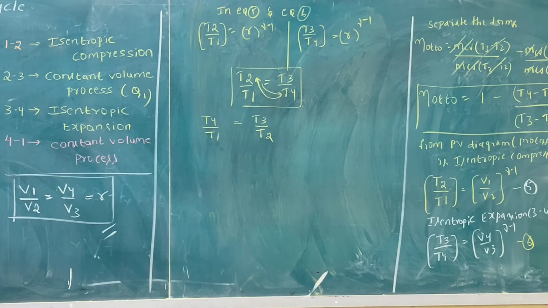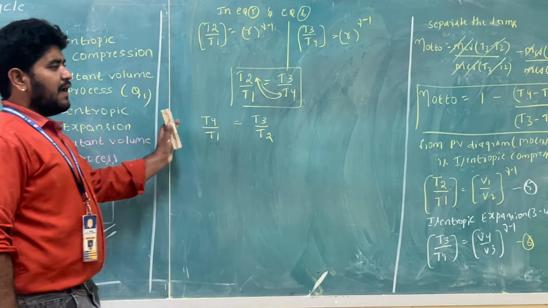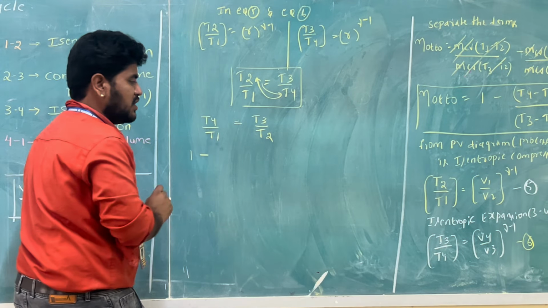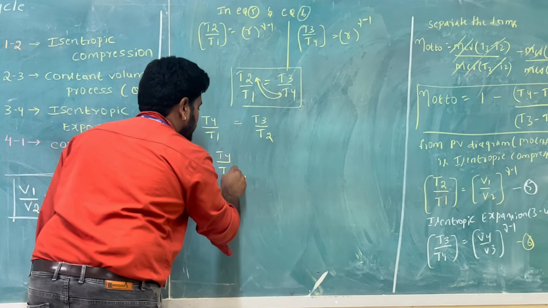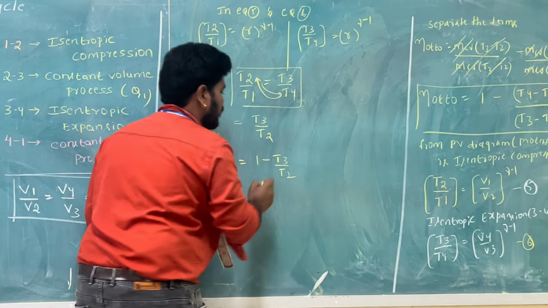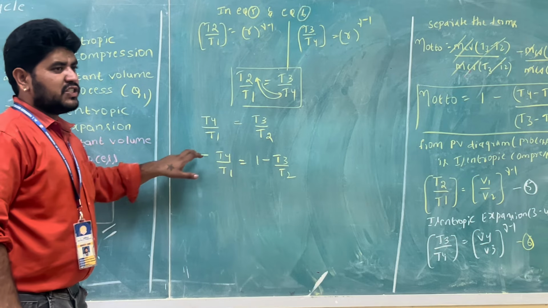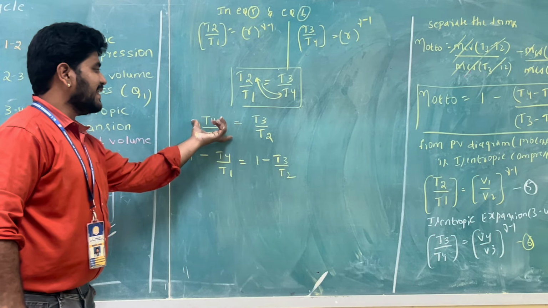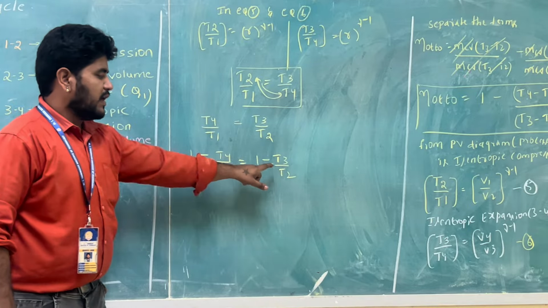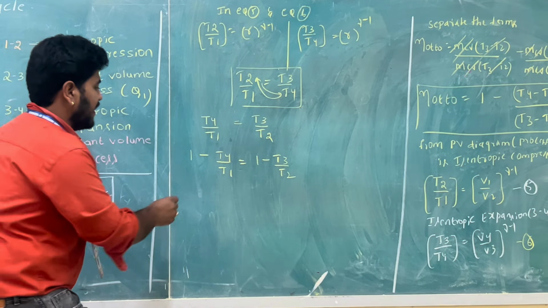Now for my simplification, I will subtract 1 on both sides. So I take 1 minus T4 by T1 equals, similarly on this side, 1 minus T3 by T2. If I take this, there will be no change on both sides. Okay. So 1 minus T4 divided by T1 equals 1 minus T3 by T2. Now I take LCM here.